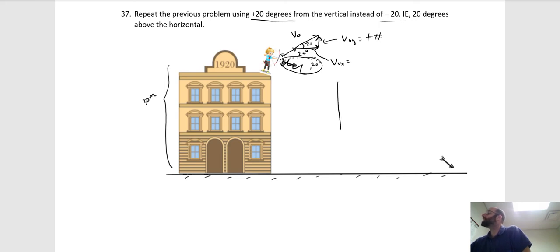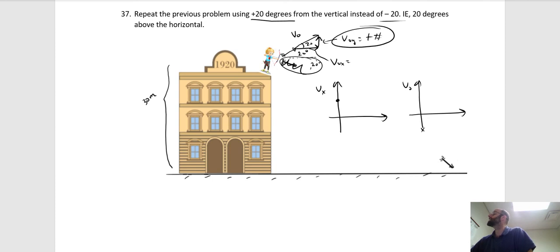And what's going to happen is when you draw your graphs, velocity in the x direction is going to be some positive number, and I don't want to finish the graph for you. Velocity in the y direction. Before, it was down here because it was some negative number, and I'm referring to the initial velocity in the y direction. Now it's going to be up here somewhere, some positive number, but still decreasing with time.